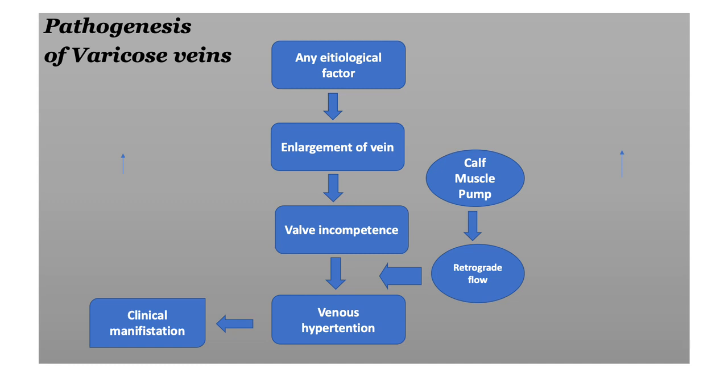First of all, any etiological factor of varicose veins, like defect in the venous wall, valvular incompetence due to congenital weakness, like deep venous obstruction, any etiological factor will lead to enlargement of vein. Enlargement of vein will lead to valvular incompetence. Okay? Valvular incompetence, again, will lead to enlargement of vein.